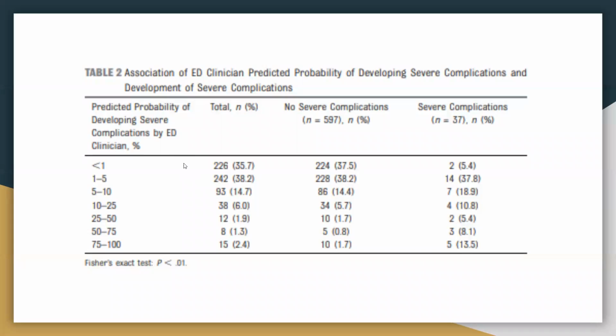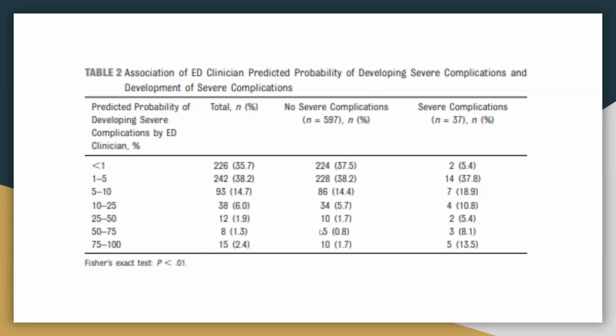And so more than a third of them were categorized as from 0 to 5%, essentially. Actually, that's even more than half of them. And they were pretty right. It seems like most of them did pretty well and didn't have severe complications. And of the ones who looked pretty good and who they decided were not at very high risk of developing severe complications, only a handful developed severe complications.